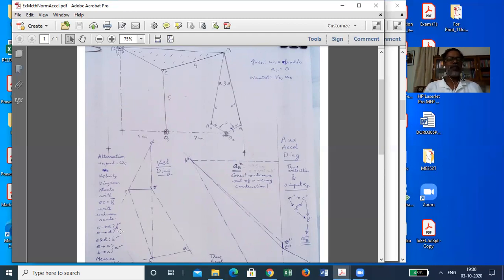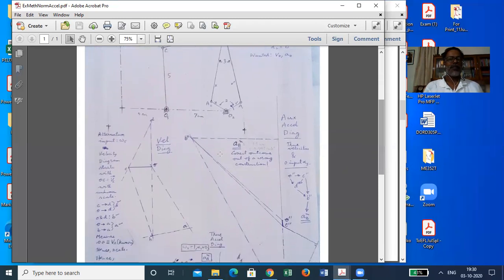Okay. So this outline says the order in which you are going to determine things. So OC equal to VC, we determine this.